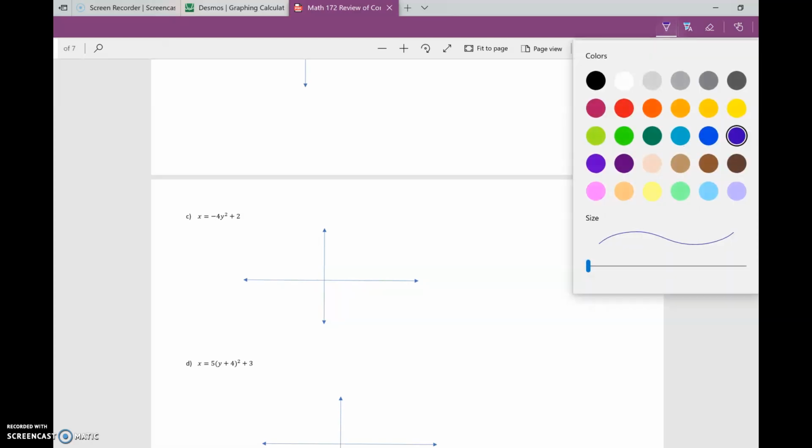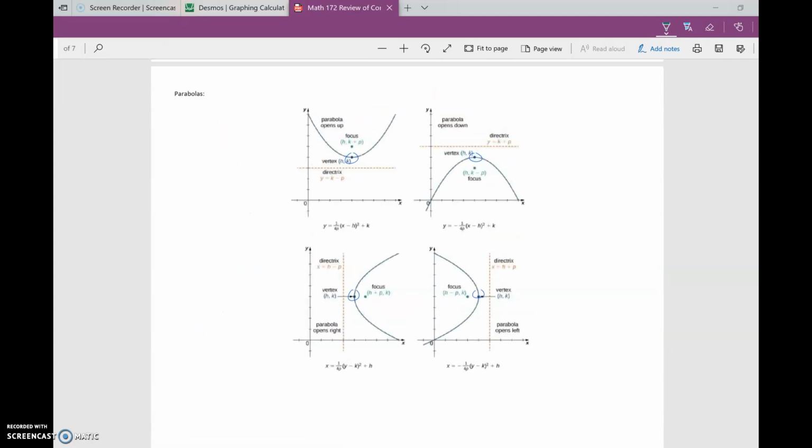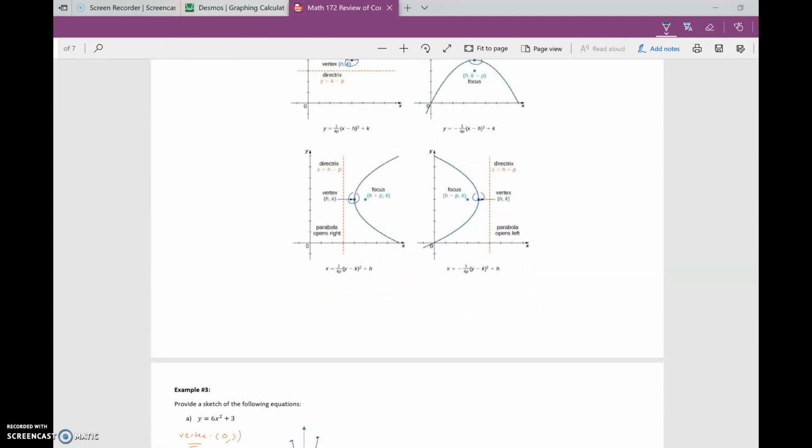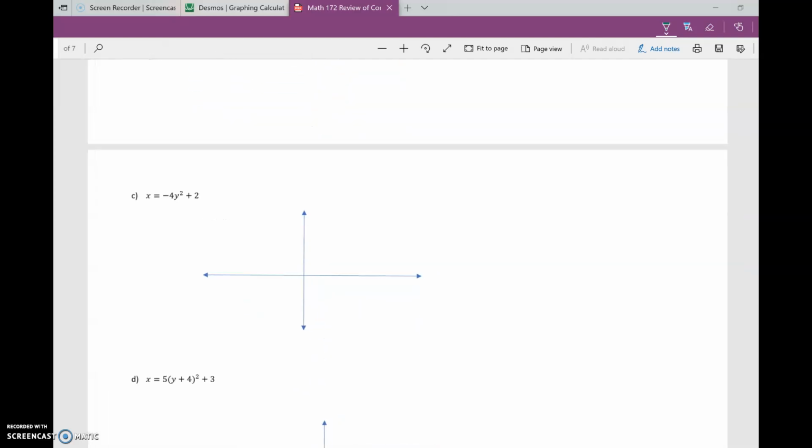Careful on these. Your H, K is backwards. So let me refer you to the formulas. If they're sideways parabolas, this is H, that's K. So technically, if you're looking at this one, your actual vertex is going to be 2, 0, which is going to be technically placed here.